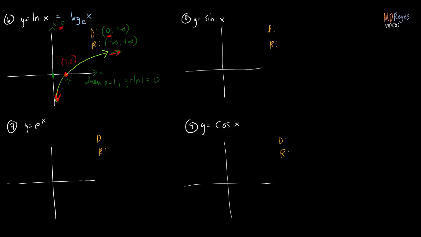Now, on the other hand, we have the function y equals e to the x. That's an exponential function, which is actually the inverse of the natural logarithmic function in number 6. So if the ln function is asymptotic to the y-axis, the natural exponential function is asymptotic to the x-axis. It means that it doesn't touch the x-axis.